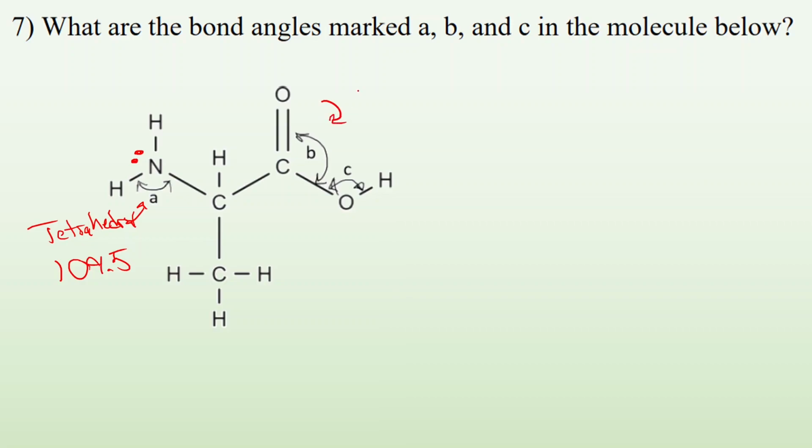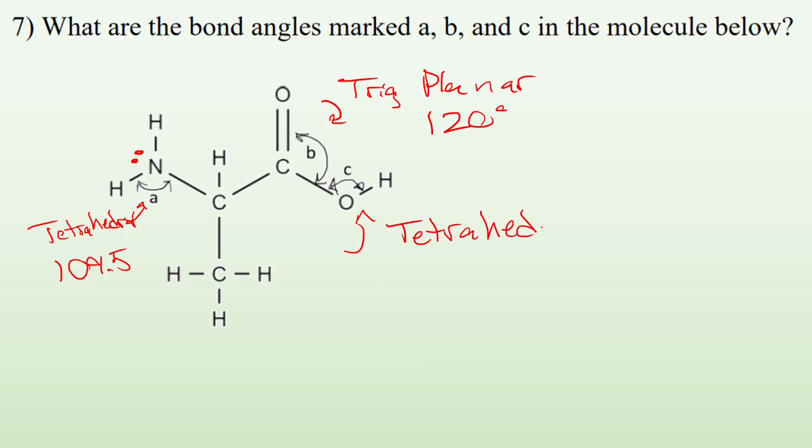At B, we have a trigonal planar geometry, which tells us we have 120 degrees. And then at C, C is also going to be a tetrahedral geometry, which means that its bond angles are 109.5. All right, I hope you found that helpful.